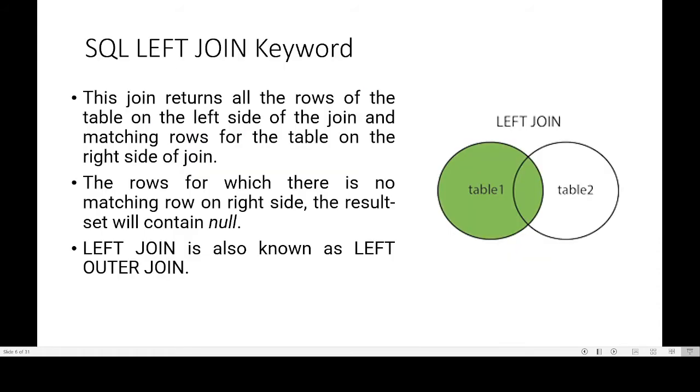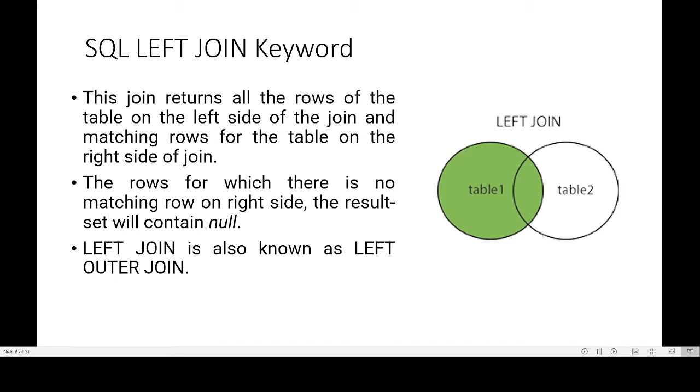Now we will see what an SQL left join is. In a left join, we have two tables, table 1 and table 2. The left join returns all the rows from table 1 along with the common entries between table 1 and table 2. So it is like the matching rows from the table on the right side, which match the left table, will be displayed along with the left table.